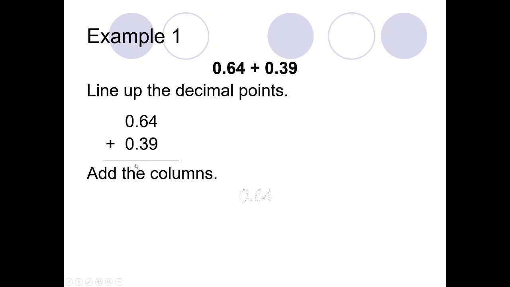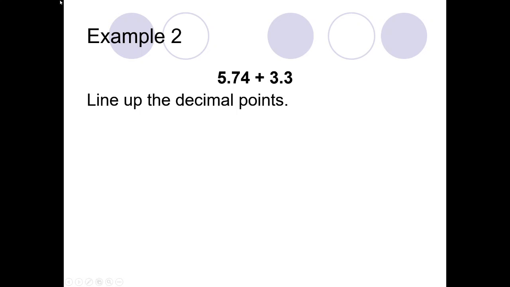And once we've got them lined up, we just add our columns like normal. So 4 plus 9 is 13, 3 and carry the 1. 9 plus 3 is 9. 6 plus 3 is 9. Plus 1 from here is 10. And then the 1 becomes a 1. Easy, right?